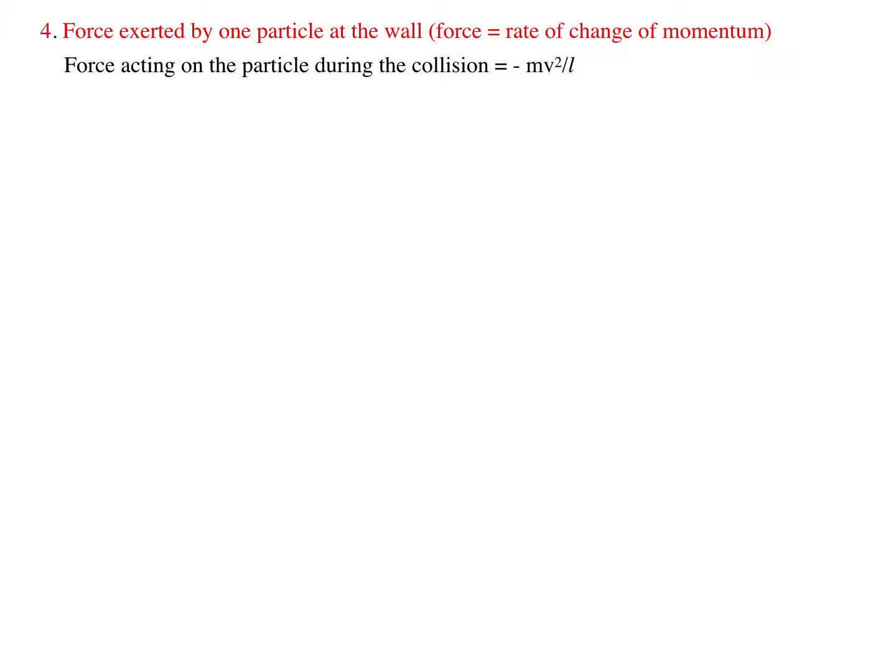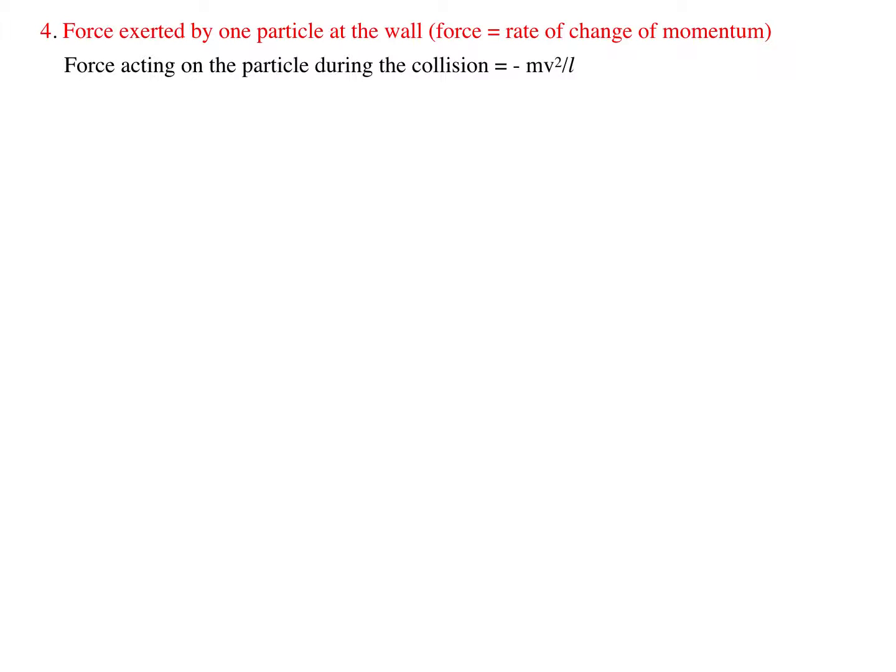So now we will ask, what is the force exerted by this collision of one particle at the wall? It's simply that force exerted is equal to the rate of change of momentum, from Newton's laws of motion.